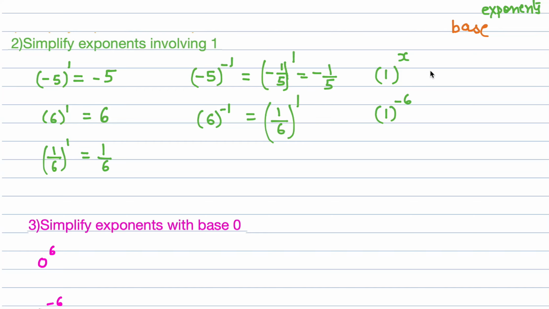Now what if 1 is the base and it has power x or a negative power, or let's say one question where the power is positive? Point is, if you multiply 1, every time the result will be 1. No matter how many times you multiply it. So your answer is always 1, right?